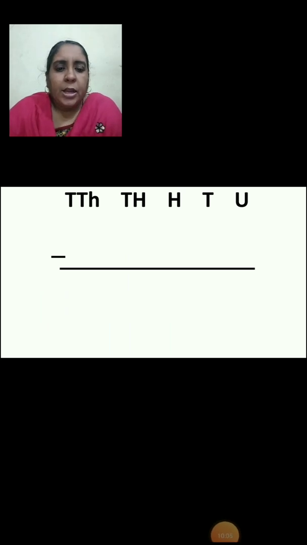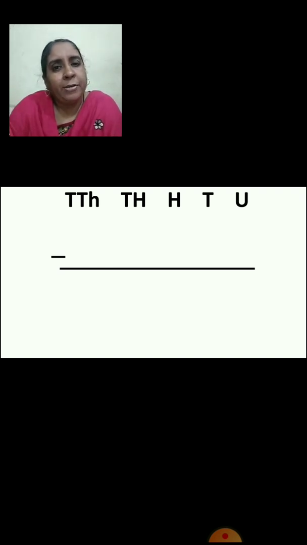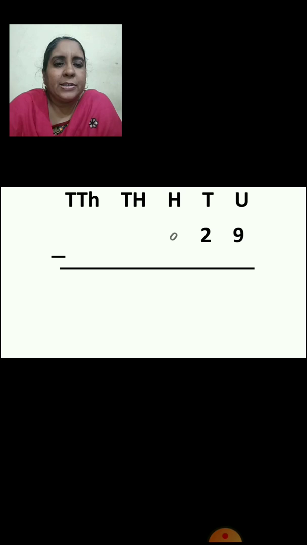Now let's do the working. Okay. Now we are going to do the working, children. Since it is a 5-digit number, first we will write the places: units, tens, 100, 1000, 10,000. Now let us arrange the numbers. What will come in units place? See, 9 will be in units place, 2 in tens place, 0 in hundreds place, 1 in thousands place, and 7 in 10,000s place.